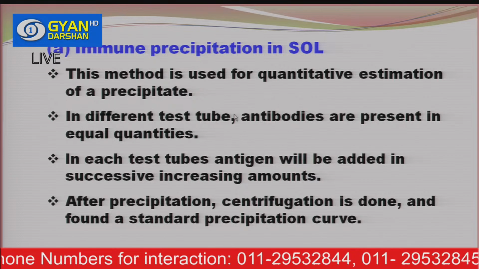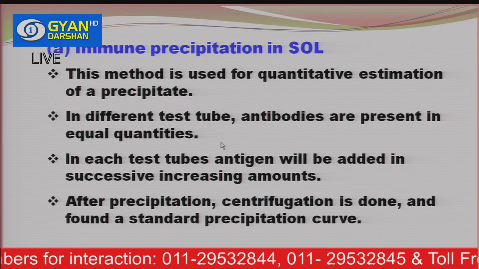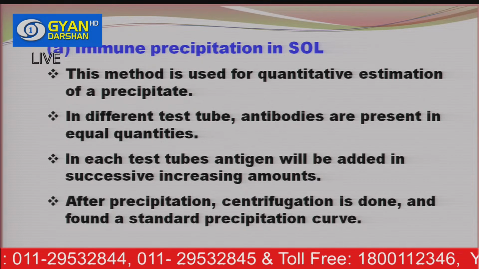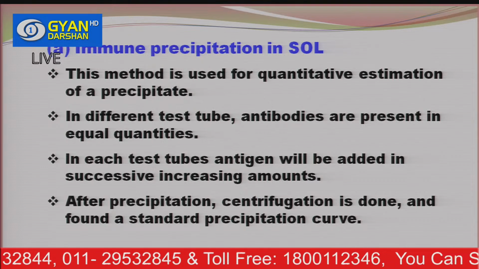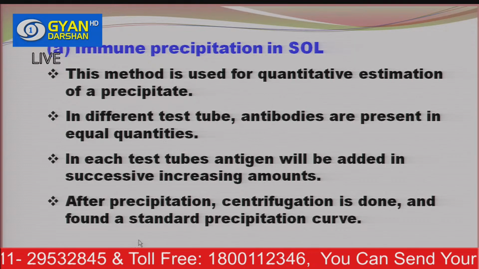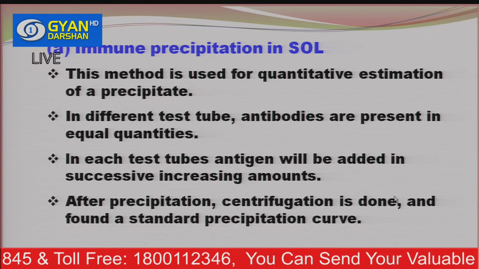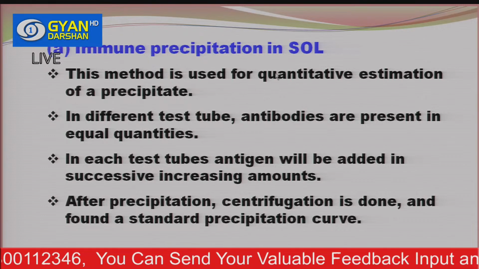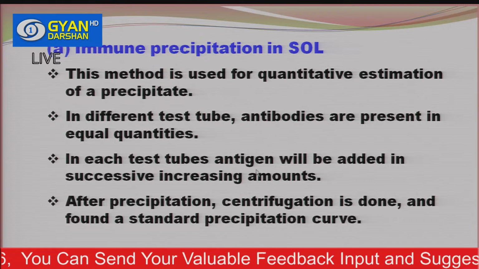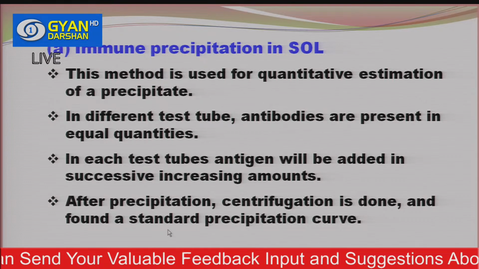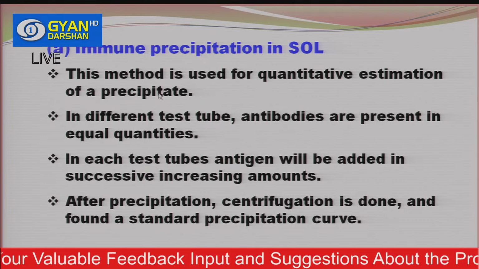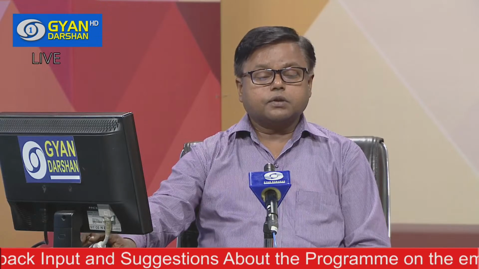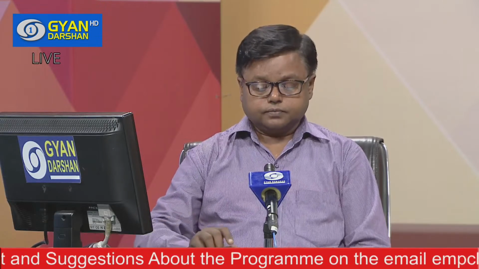In different test tubes, antibody is present in equal quantities. In each test tube, antigen is added in successive increasing amounts. After precipitation, centrifugation is done and compared to the standard precipitation curve. Then we can decide the actual concentration of your antigen or antibody. So this is immunoprecipitation in the sol.